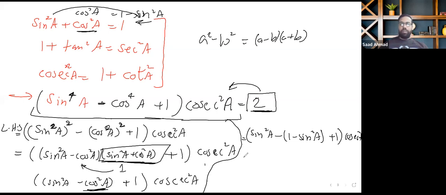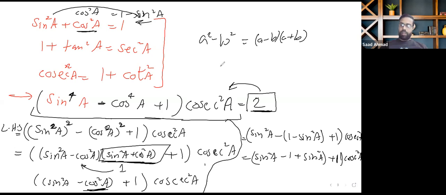So then what we do next is we distribute the minus inside. Minus 1, and then minus times minus will become plus, and then 1, and then times cosecant squared A. All right, there's a 1 here.